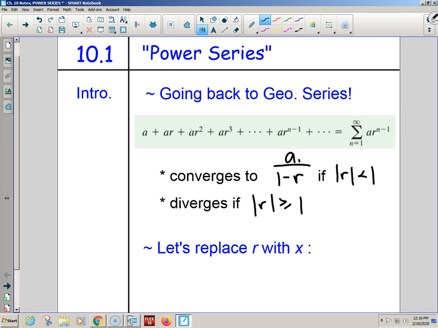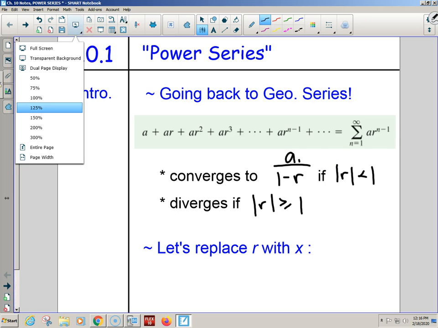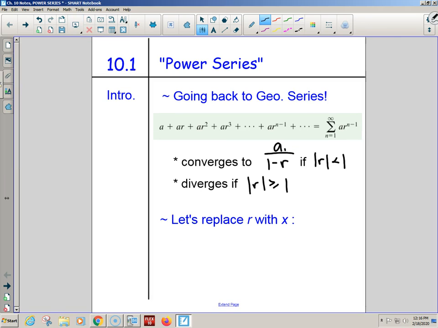What am I telling you to do down here? This is curious. What happens if we replace R with X? A function? No. Series aren't functions. We have to rewrite series to become functions, don't we?